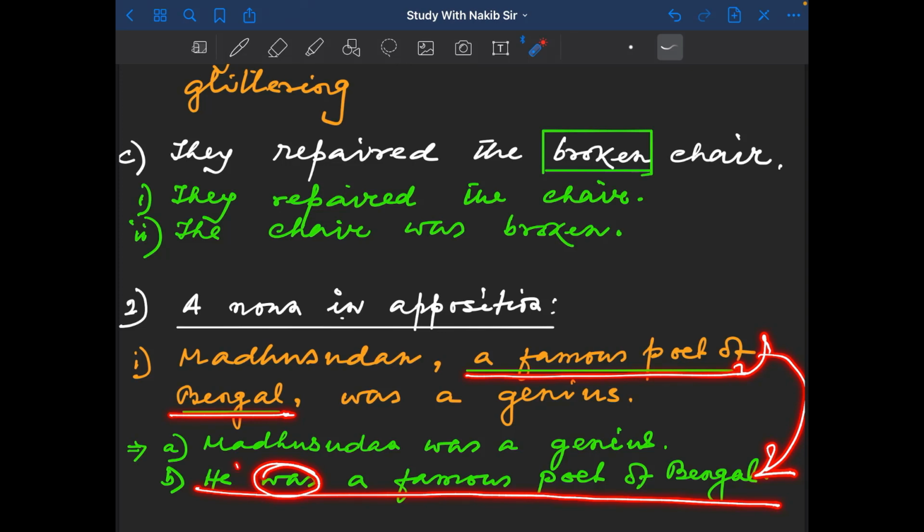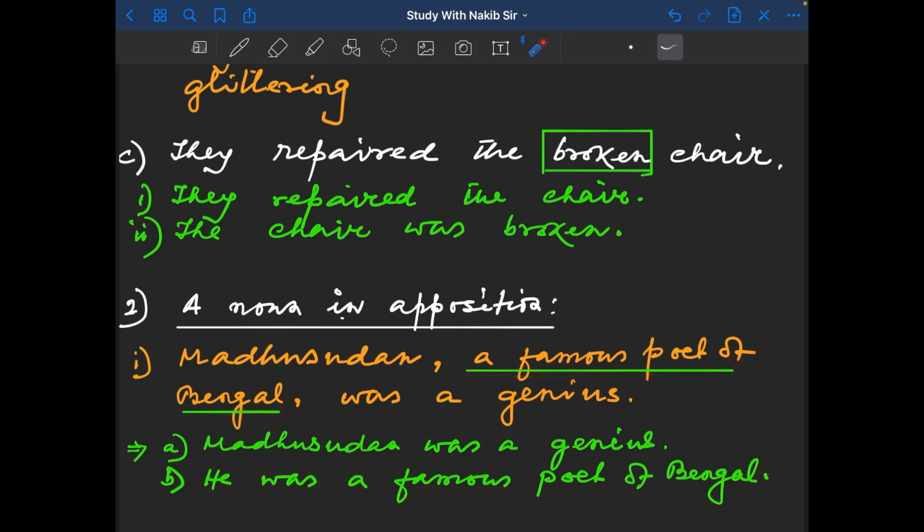Was and he we have taken because the subject of both the sentences is the same and the tense must be the same. Here it is past tense, for this it is past tense. So Madhusudan was a genius and he was a famous poet of Bengal.